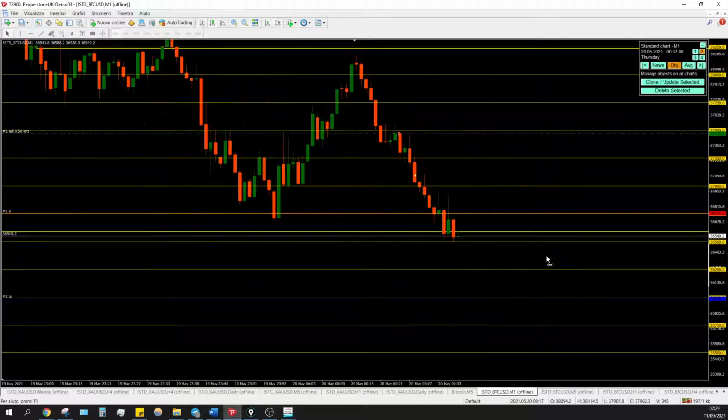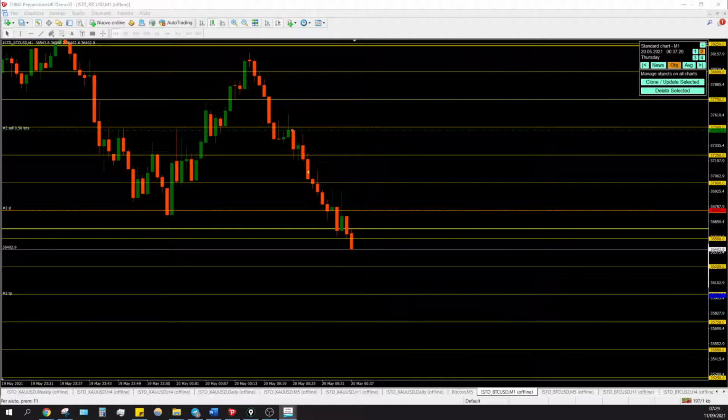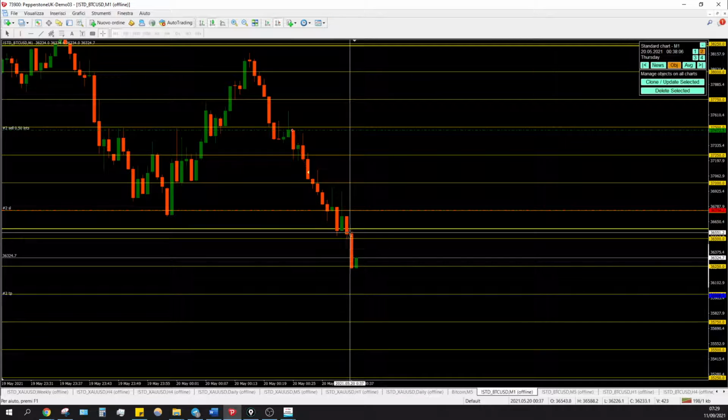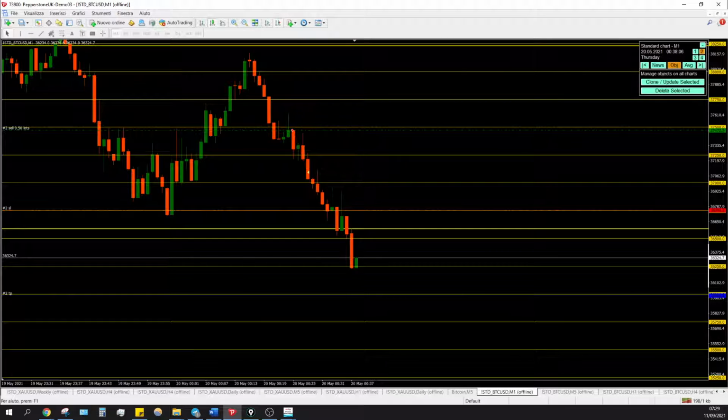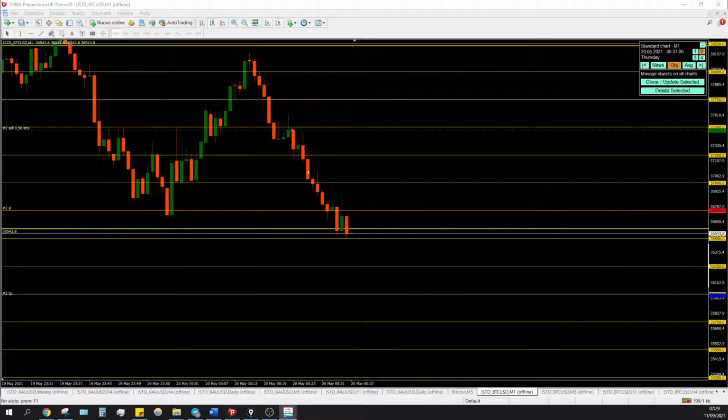Okay, I want to enter here. And we are at the PSA now. Look, 25 pips, 30 pips. I'm not going to enter, but look at what I'm telling you about this one. Look at the candle.